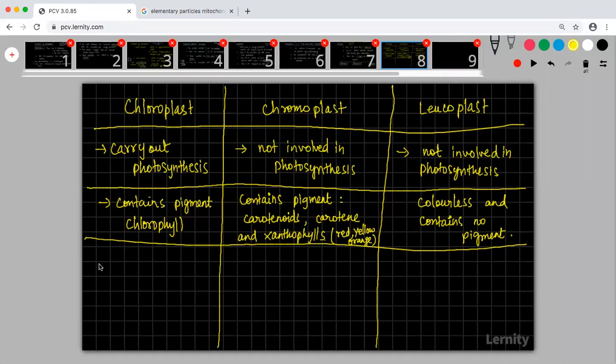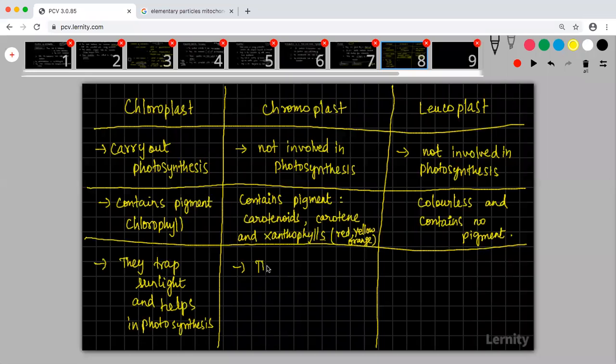What is the role? They trap sunlight and help in photosynthesis. Don't write produces, just helps in photosynthesis. What will chromoplast do?